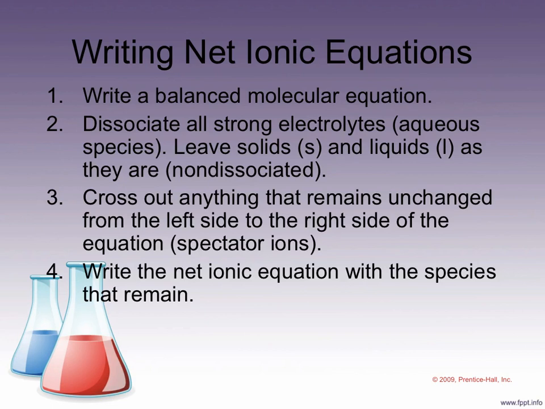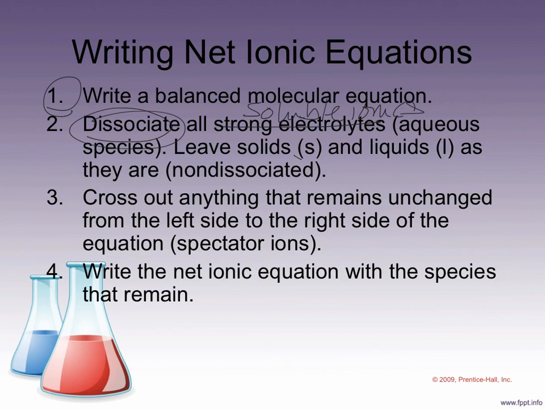So here is a set of rules for writing a net ionic equation, and you can pretty much count on that being one of the free response questions. You start out by writing a regular balanced chemical equation for the reaction. Then you have to figure out the solubilities of all the reactants and all the products. Dissociate, or separate, all the soluble ionics.